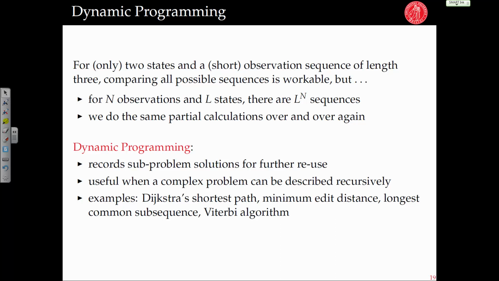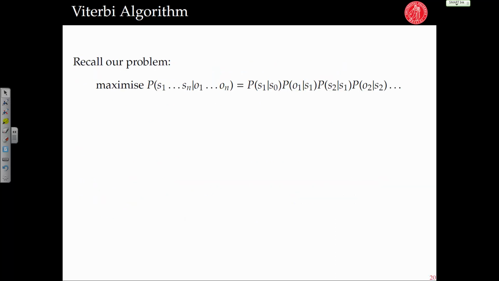Of course, our problem should typically be described recursively in order to use dynamic programming. There are many examples of dynamic programming algorithms: minimum edit distance, longest common subsequence, etc. And the Viterbi algorithm is one of them. We'll use the Viterbi algorithm to decode, or to find, the most likely hidden state sequence.